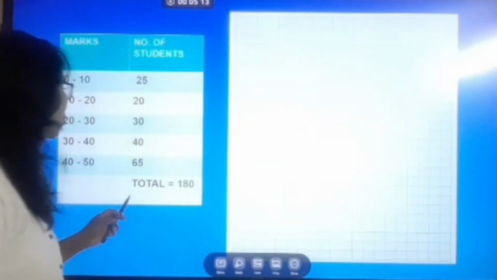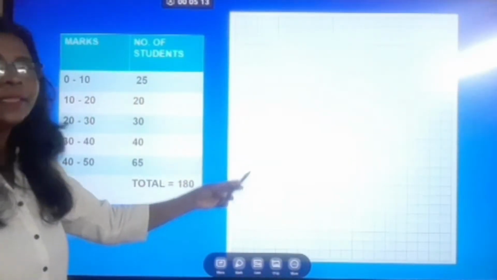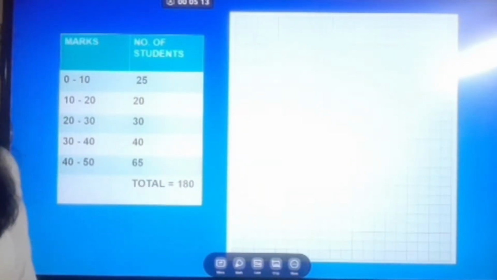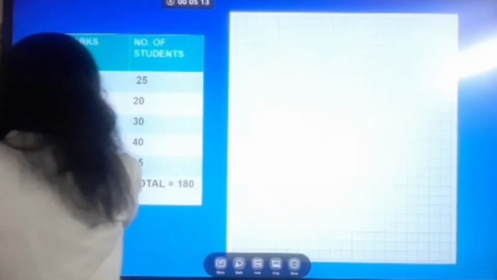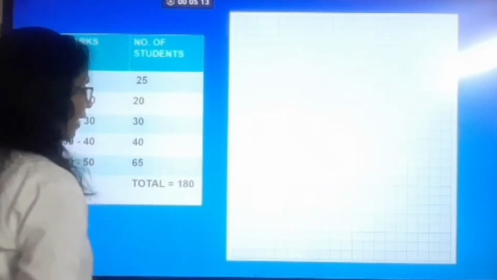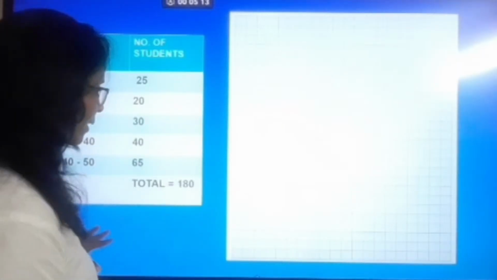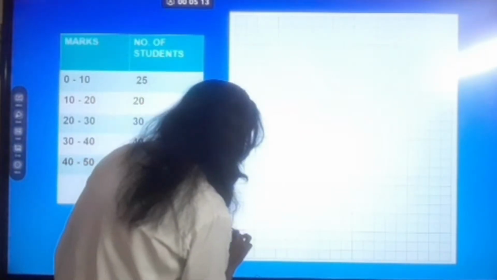So now see the next page, students. The graph is ready here. For drawing on the graph paper, first draw the x-axis and y-axis.